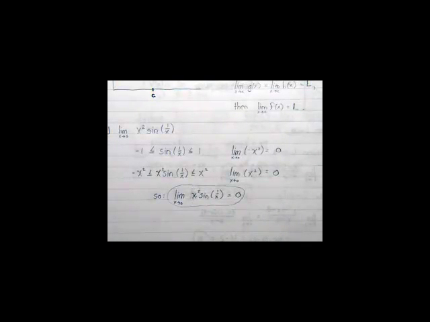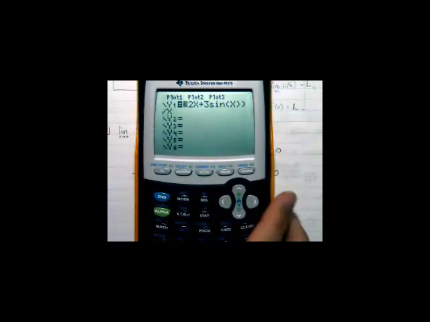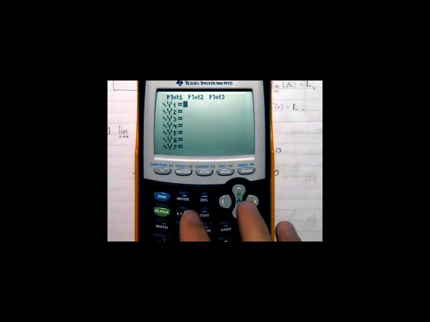Okay, so let's real quick graph and take a look at that. Double check, make sure we're right, and then we'll be done. So back to our calculator here. Our function was x squared sine of 1 over x.